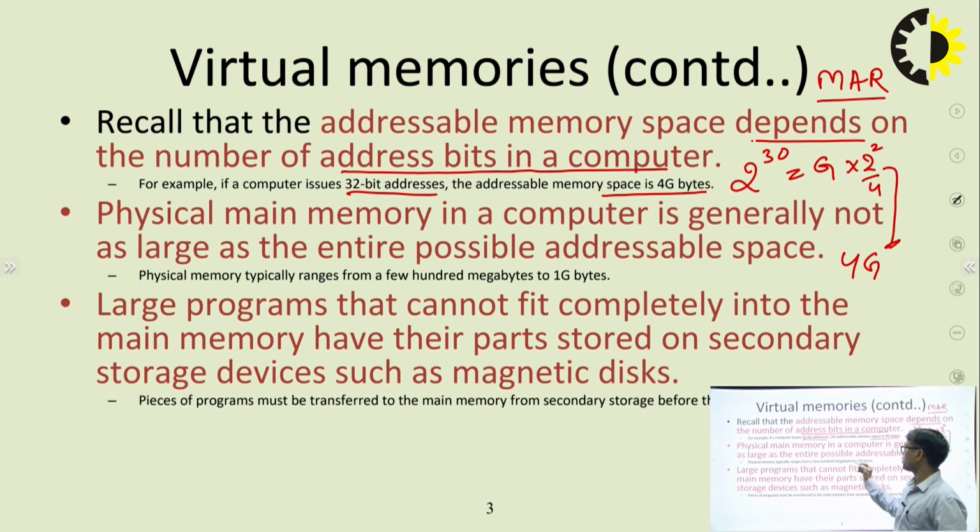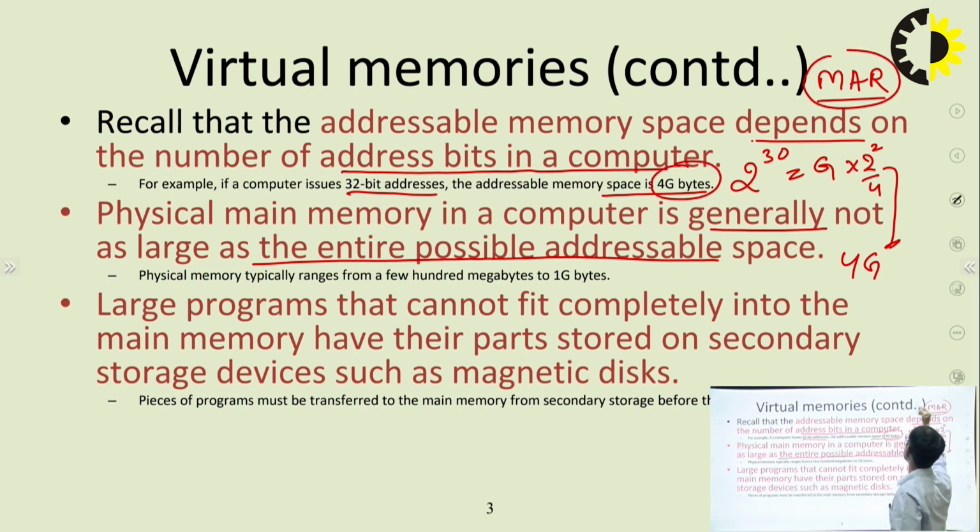The physical memory in the computer is generally not as large as the entire possible address space. So a 4 GB address space is supported by MAR, but actually we have a smaller memory size, like 1 GB.